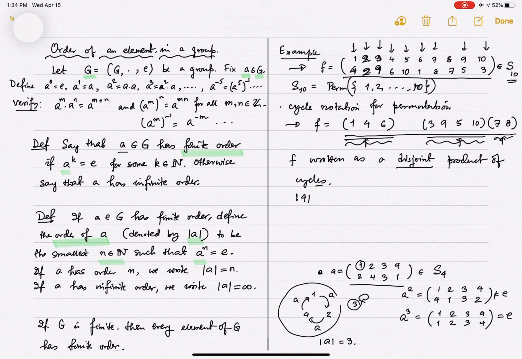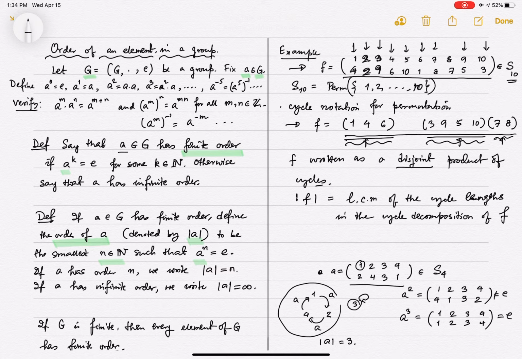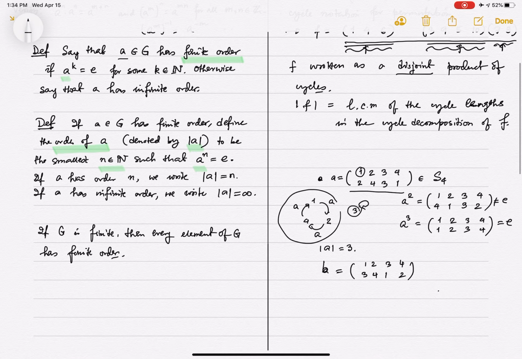So you can check that the order of F is the least common multiple of the cycle lengths in the cycle decomposition of F. So that tells you how to calculate the order of an element in the permutation group in general.